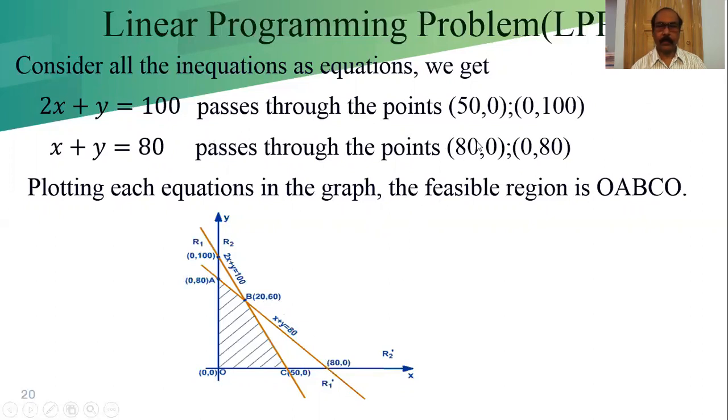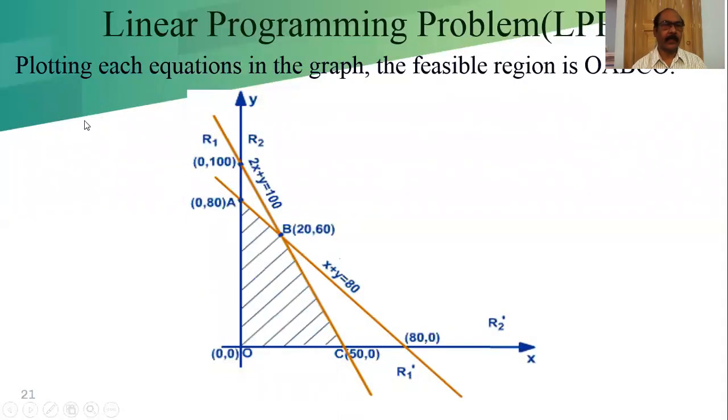This line passes through the points 80, 0 and 0, 80, and this passes through the points 50, 0 and 0, 100. These are the two lines, and B is their intersection. O, A, B, C, O is the feasible region.